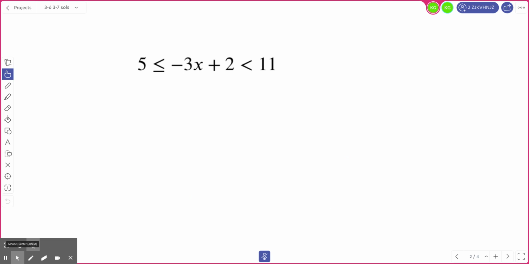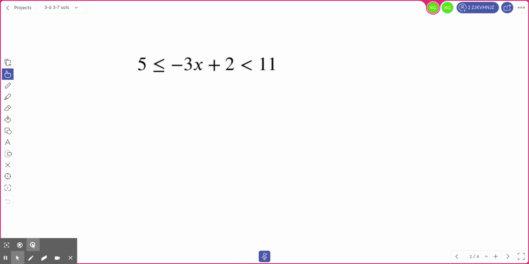Let's look at the next one. So this one says 5 is less than, okay, so to solve this, this is a compound inequality put together.